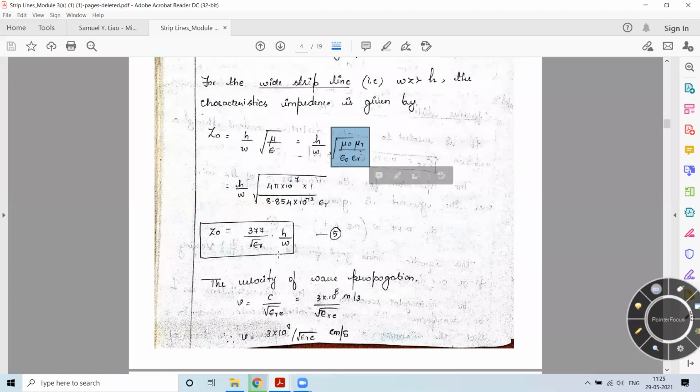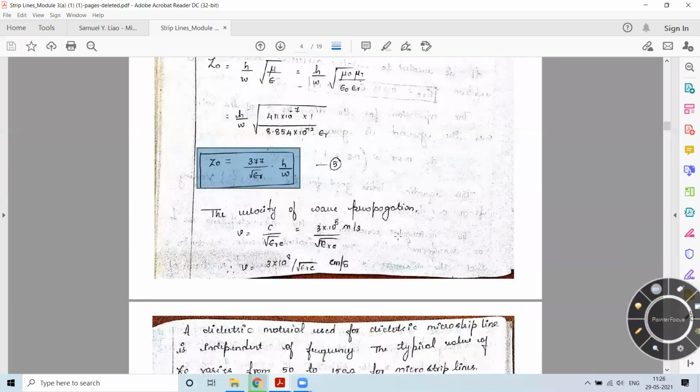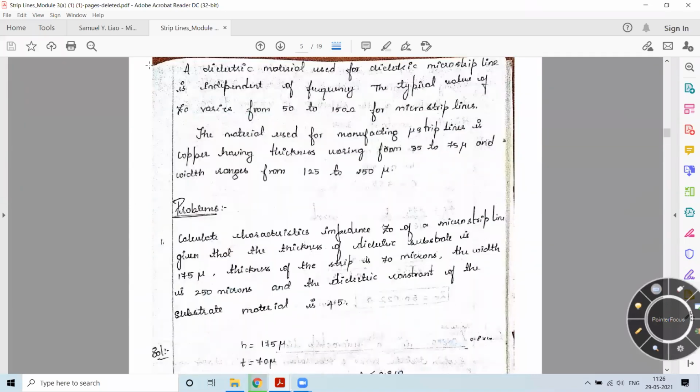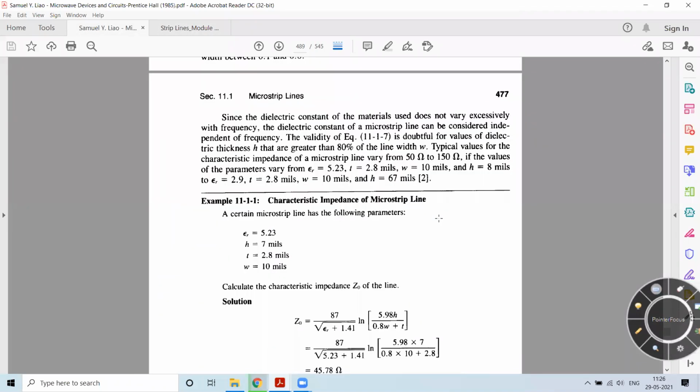So it is 377 ohms or 120 pi ohms. When I make the substitution and simplify the equation, Z naught is 377 divided by square root of epsilon r into H by W. This is the equation we will obtain. Based on this, we can see the problems.